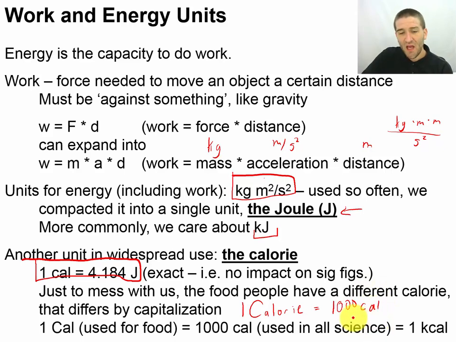So when you see a capitalized calorie, when we're describing foods and things, remember that that's going to be 1,000 calories, which equals 1 kilocalorie. Make sure that you're handling that unit correctly, or better yet, use the joule.